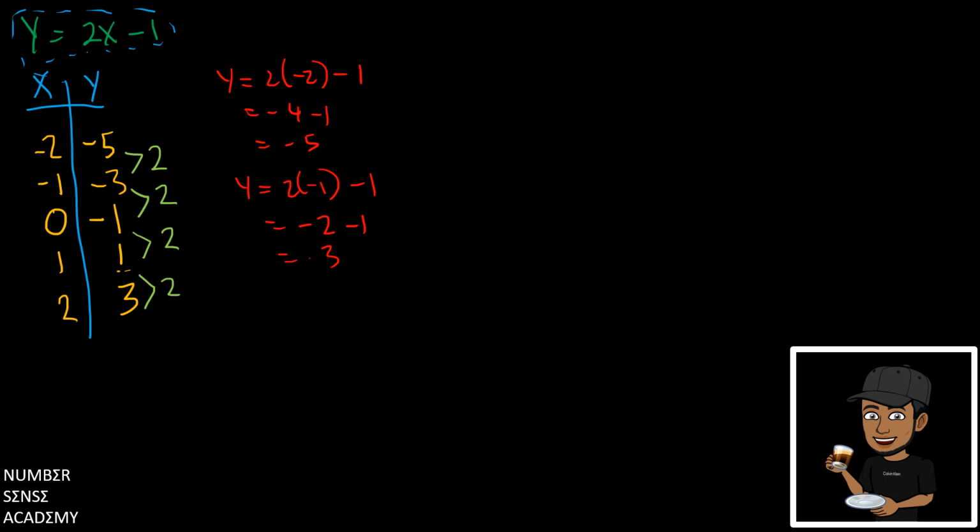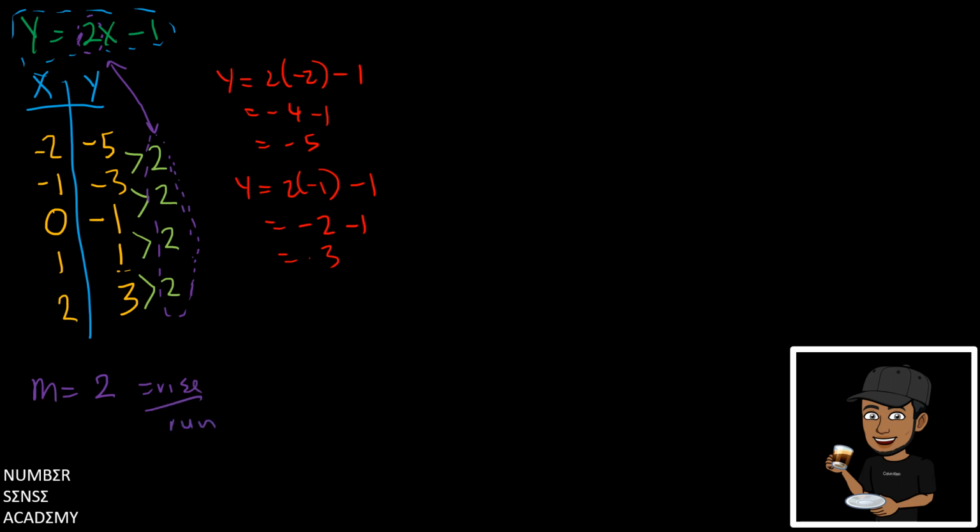You should notice that this difference of 2 in the y values is related to the difference of 2 in the equation. This first 2 is why this 2 is happening. Why is that? Well, that's the slope. So m is equal to 2. 2 is the rise over run.